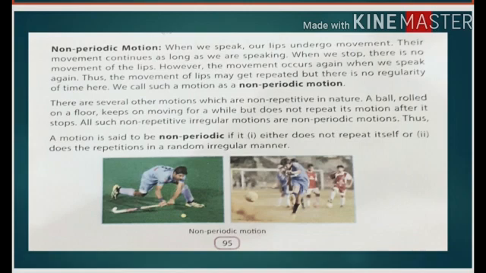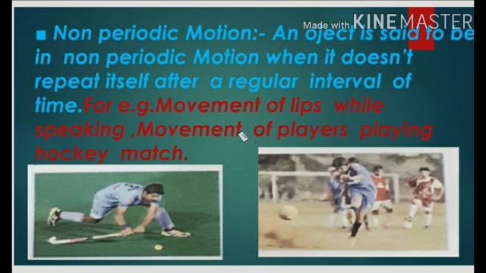There are other examples of such type of motion. For example, a ball rolled on a floor keeps on moving for a while but does not repeat its motion after it stops. All such non-repetitive, irregular motions are known as non-periodic motion.